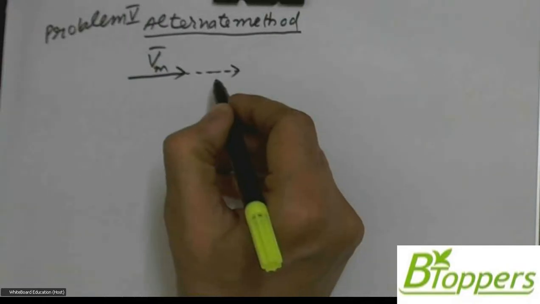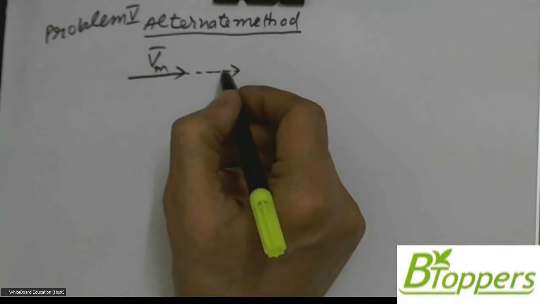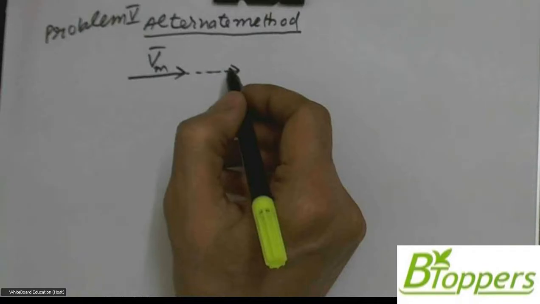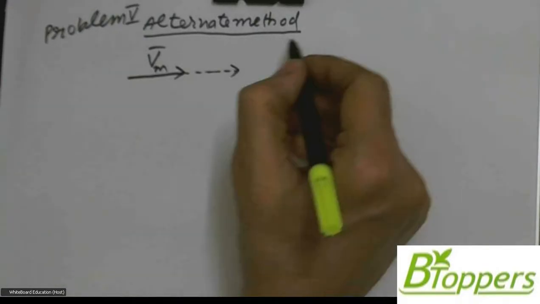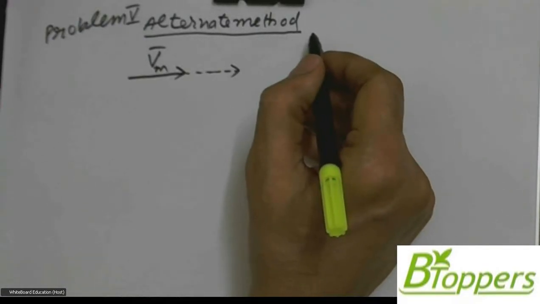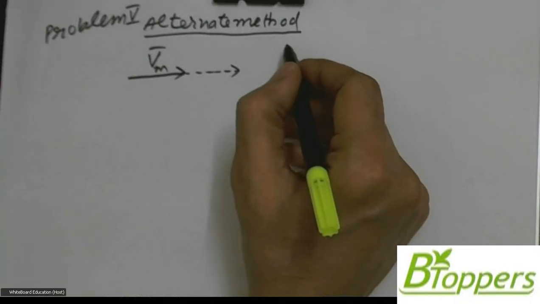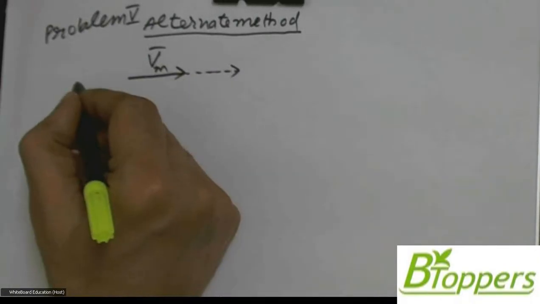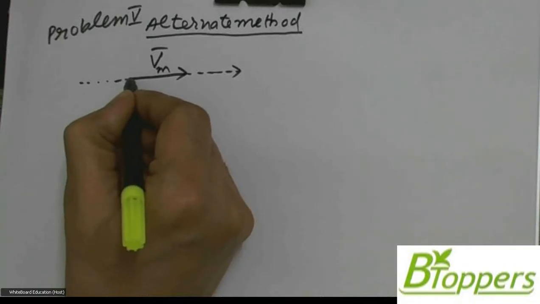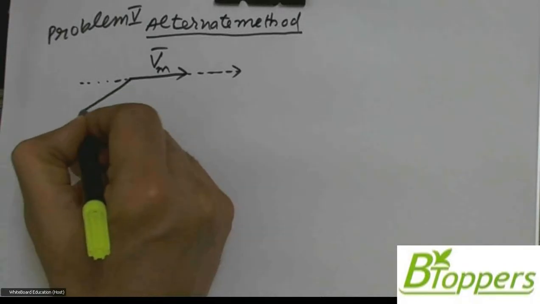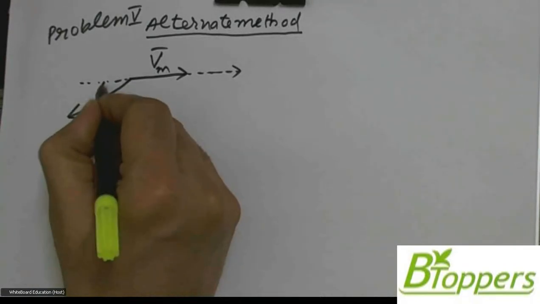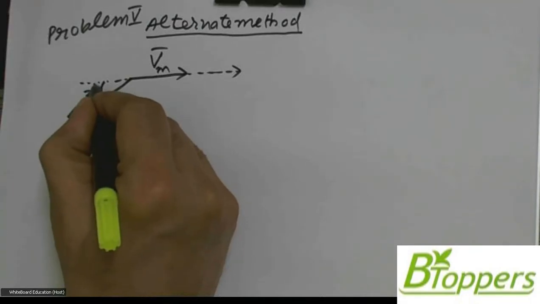I choose the direction of the motion of the man as one of the coordinate axes. And it is given that the relative velocity of the rain with respect to the man is 2√3 km per hour at an angle of 30 degrees with the horizontal from the front.